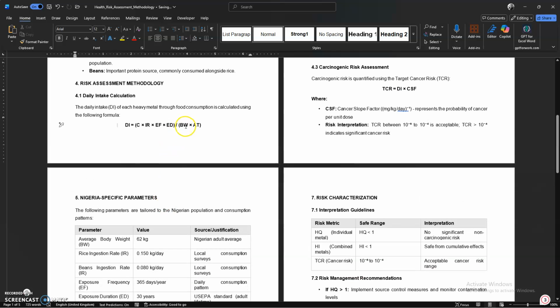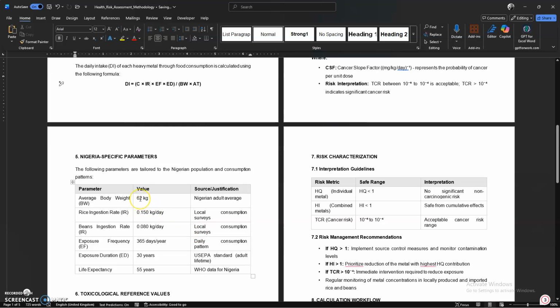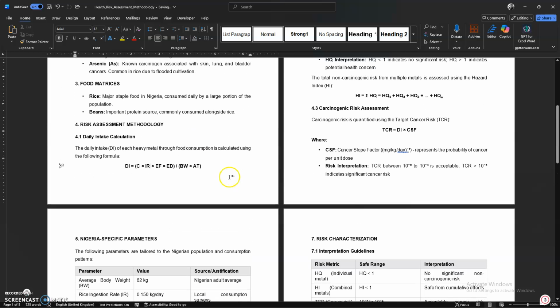Then BW is the average body weight. You can also do a survey on this and get the average body weight of the people in your study area. Then this AT is just 365 multiplied by your exposure duration. That is how you get AT.